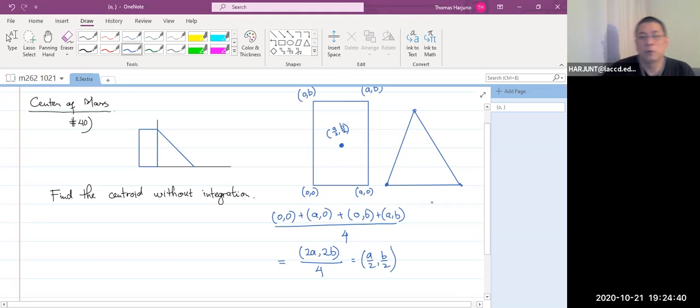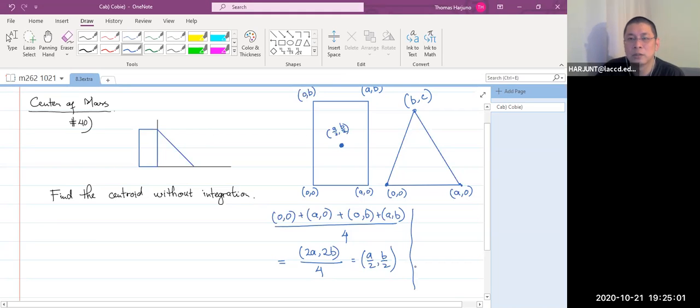Now if you have a triangle, let's say this is 0, 0, for the sake of simplicity, and this is A, comma 0, and this is B, comma C. Then the center of mass will be the average of those three coordinates.